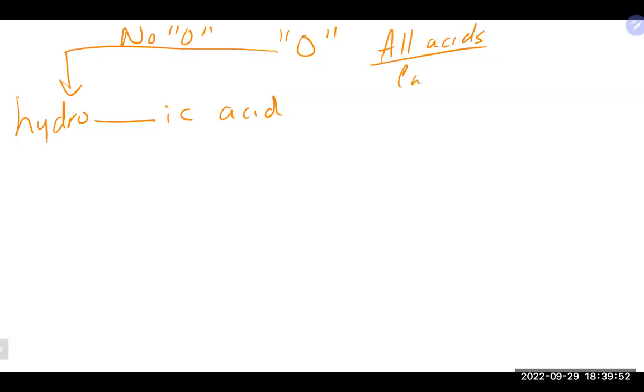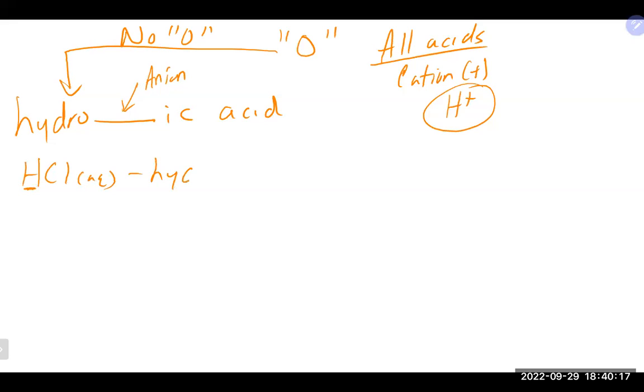The cation is always H+. The anion is the negative part, and that is what would go into here, the anion that it is attached to. So if we look at something like HCl that I just wrote on the previous slide, there is no oxygen. This would then be hydrochloric acid.